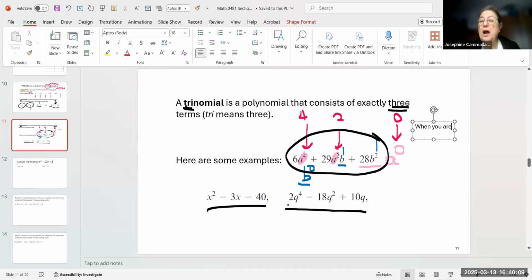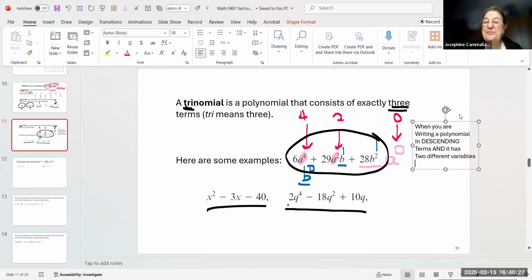When you are writing a polynomial in descending terms, and it has two different variables, alphabet rules.